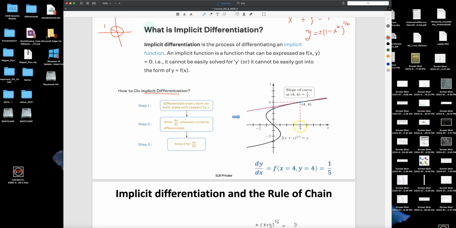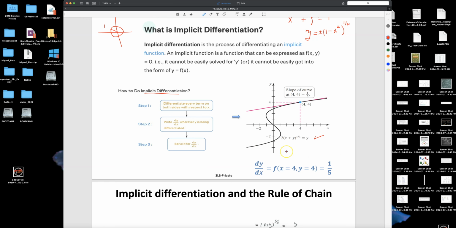I mean, at this point in which the x-coordinate is 4 and the y-coordinate is 4. In other words, if you substitute here in this expression 4 and 4, this is going to be an identity. I mean, that point belongs to this curve, and this is going to be true.